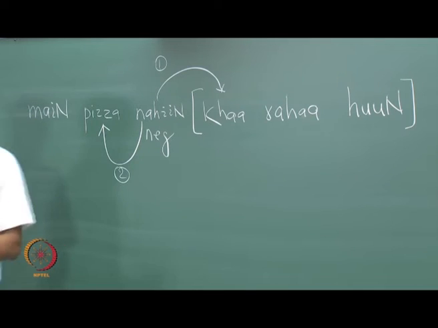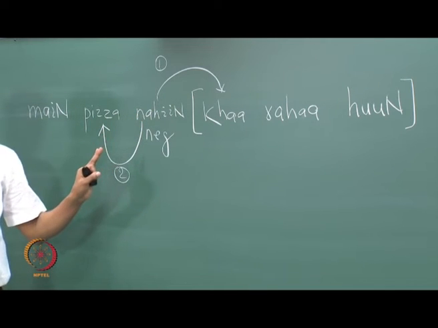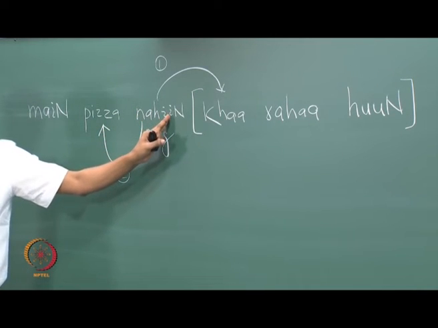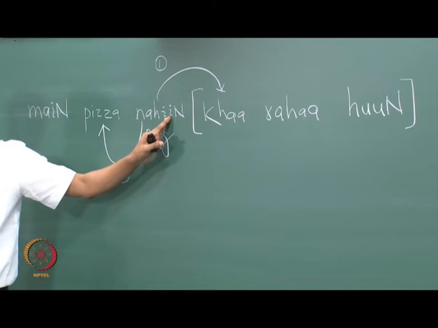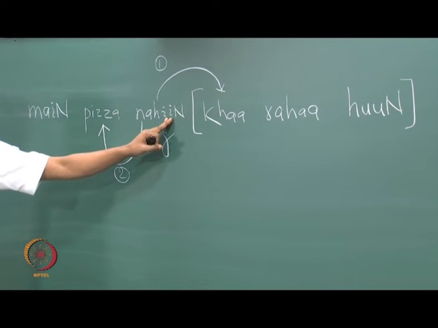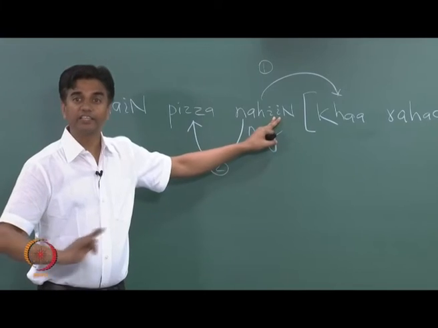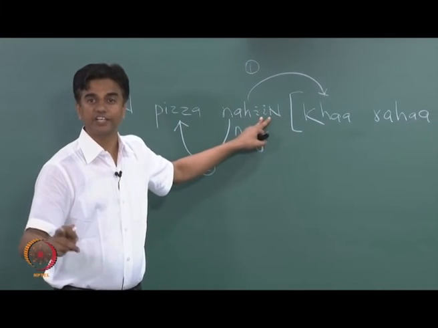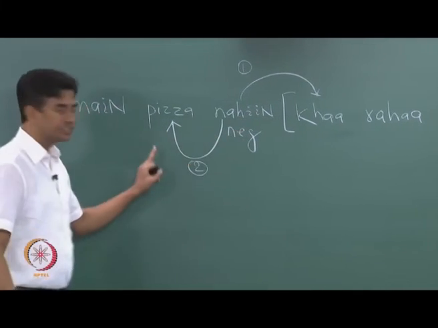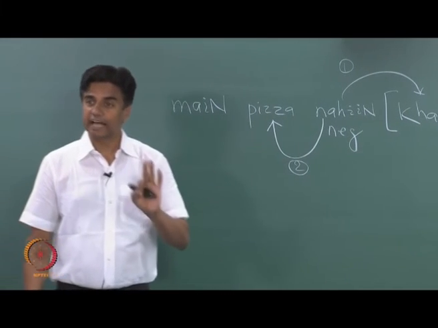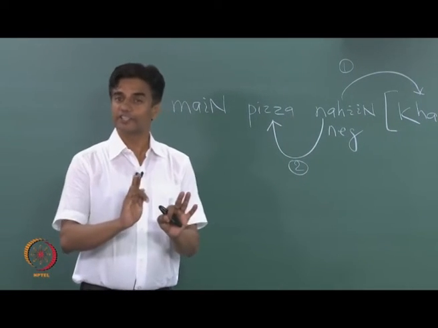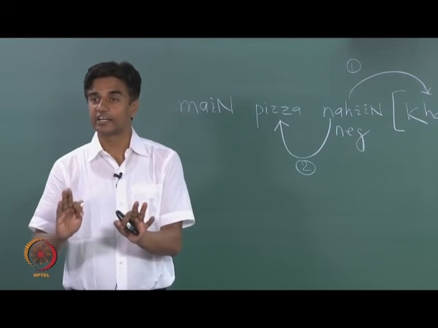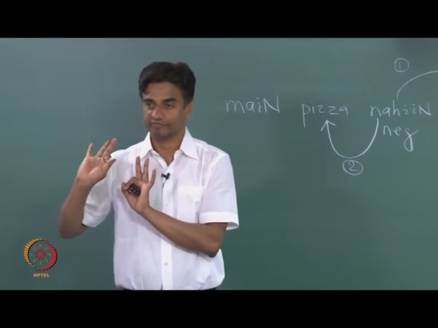I wanted you to see this fun part because when negation is not a verbal negation, when the negation is not a sentential negation, rather it's a constituent negation, in that case, whether it's a functional category or a lexical category is a different matter for discussion.